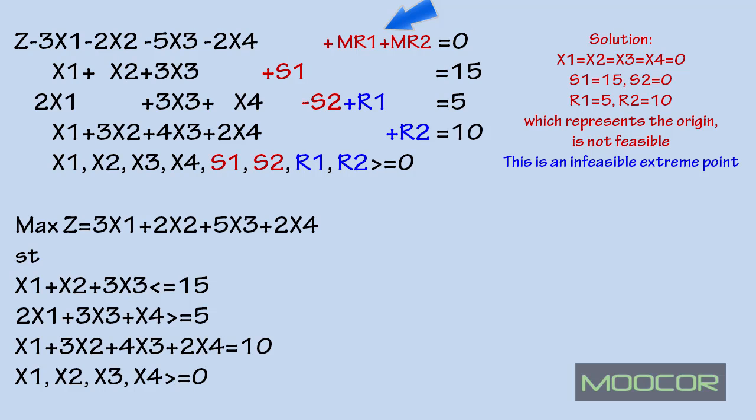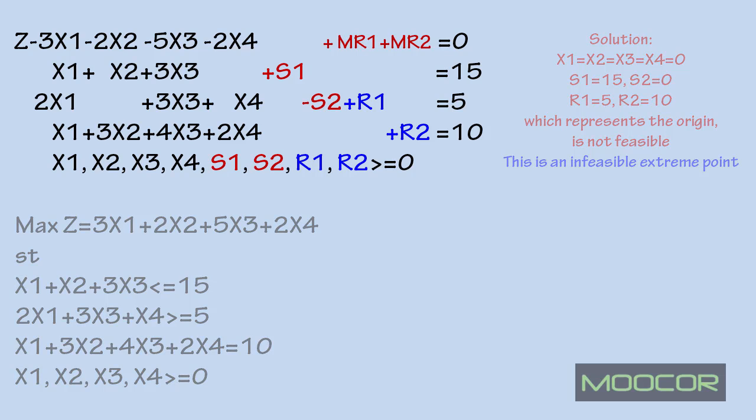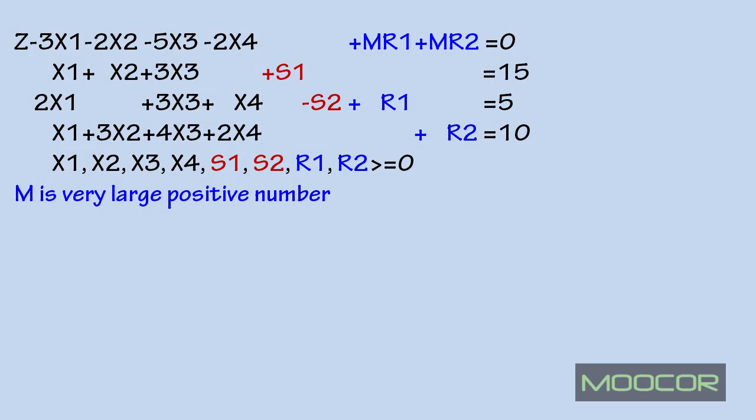So having the problem in this form, if we want to create the initial tableau, we have a problem. And that problem is S1 has the condition, but R1 and R2 no longer have the proper form for basic variables, because of the presence of R1 and R2 in the objective function row, in the Z row.